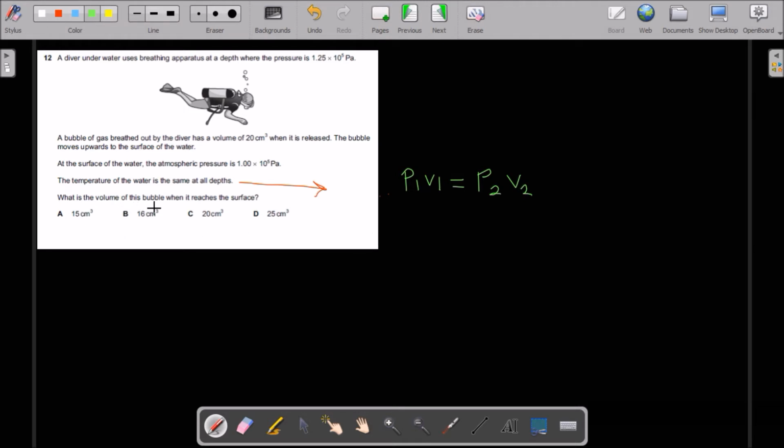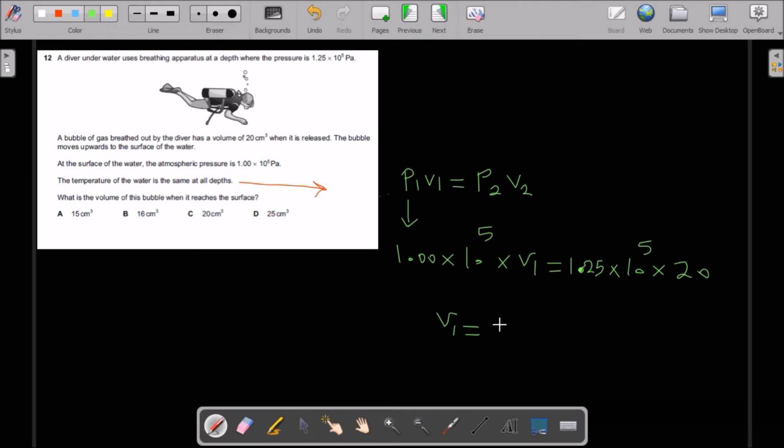So what is the volume of this bubble when it reaches the surface? According to this, the pressure at the surface is 1 times 10 to the power 5 times V, which is not given, and the pressure at depth is 1.25 times 10 to the power 5 times the volume, which is 20.